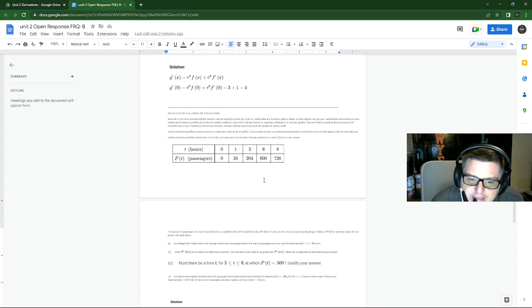There must be a time t between 3 and 6 at which p of t equals 500. Justify your answer. So right there, if it's not ringing a bell, IVT, the intermediate value theorem, they give you two numbers and they show you that a y value is in between the 204 and the 600. 500 is in between there.